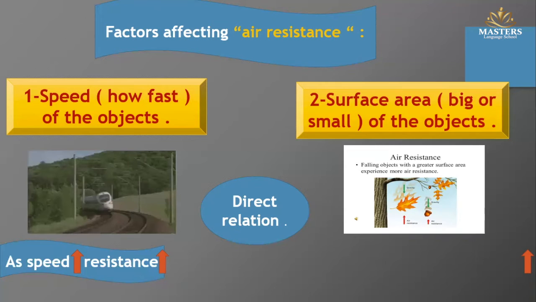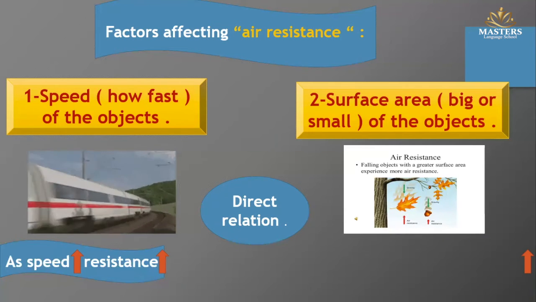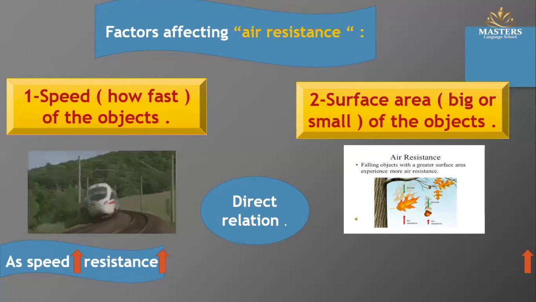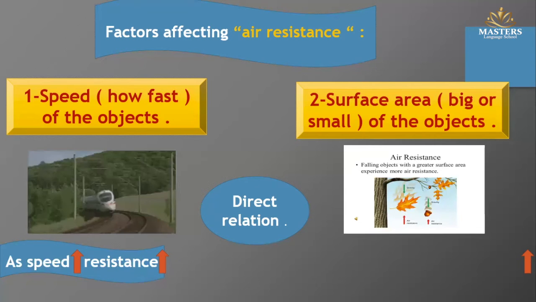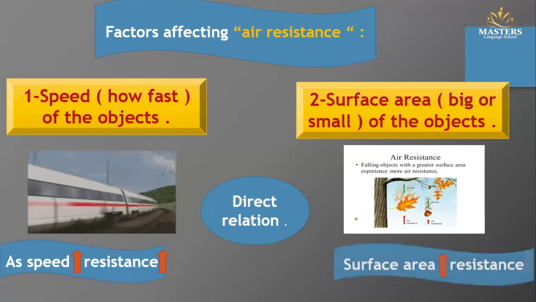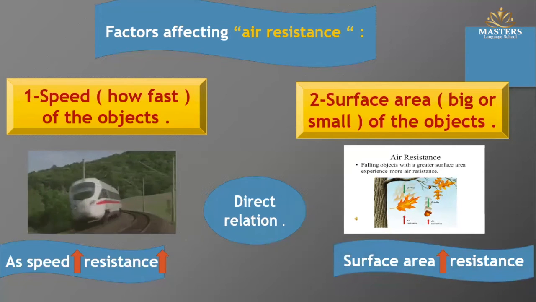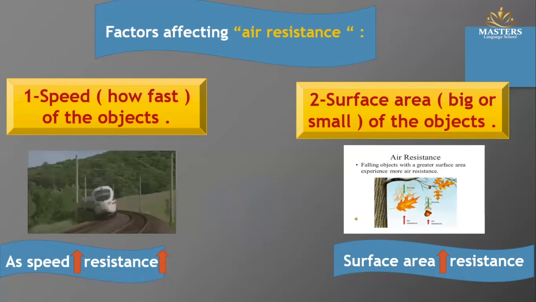It acts in the opposite direction, causing the slowing down of the big leaf. But the small things have a small air resistance, so they will fall on the floor first. So when the surface area increases, the resistance also increases, and they are directly related.